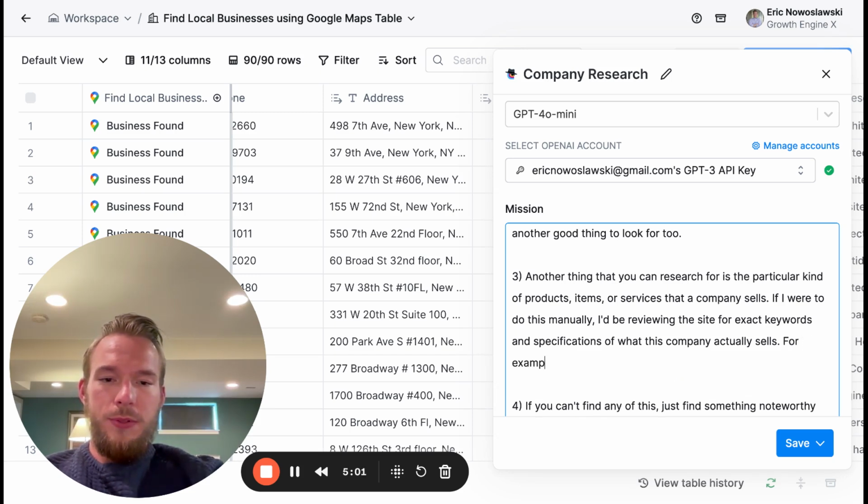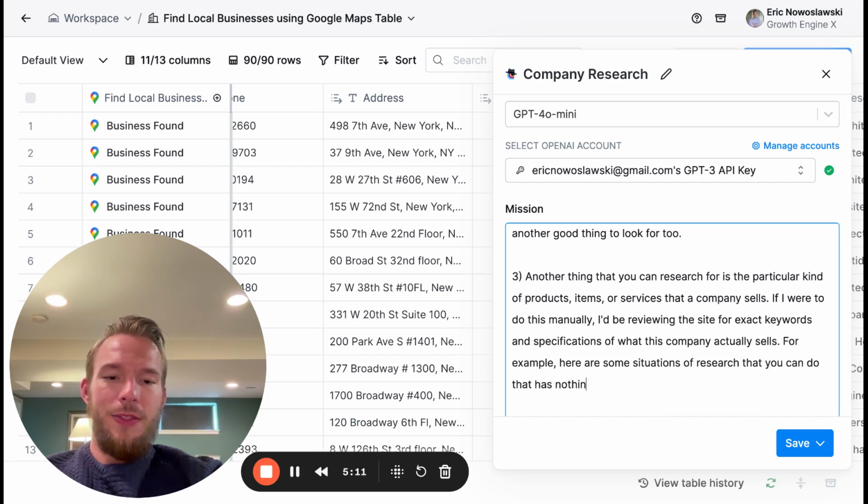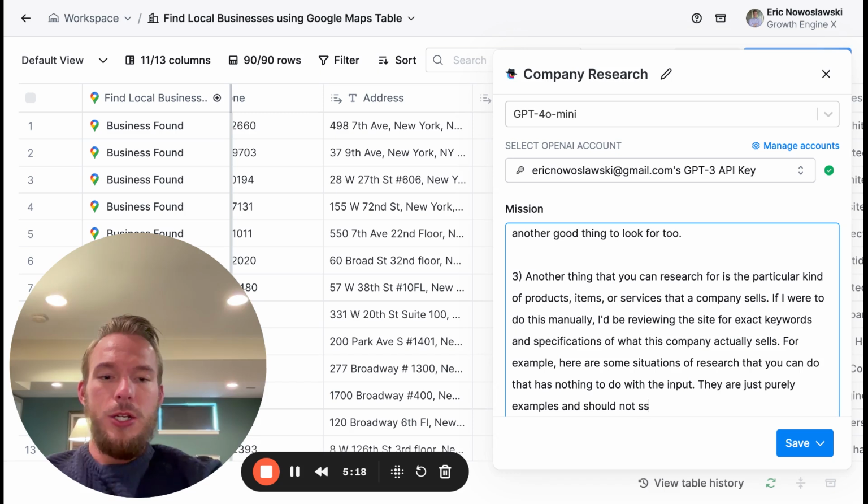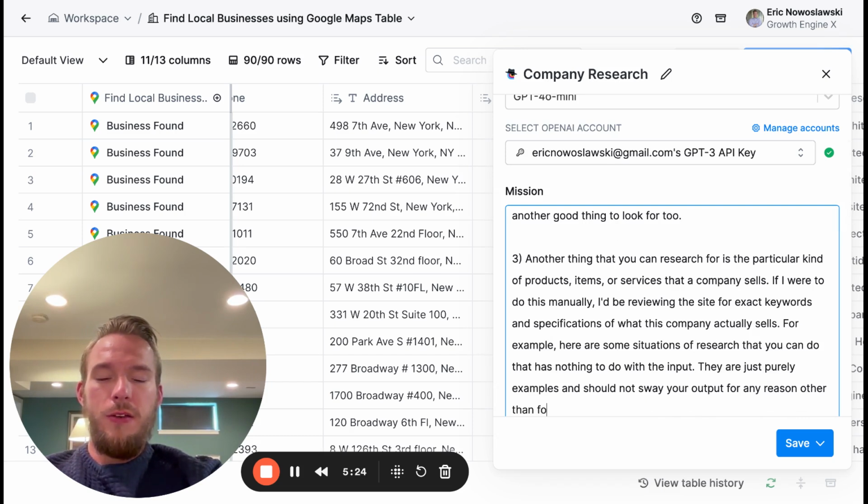For example, here are some situations of research that you can do that has nothing to do with the input. They are just purely examples and should not sway your output for any reason other than formatting and understanding what I want you to do.